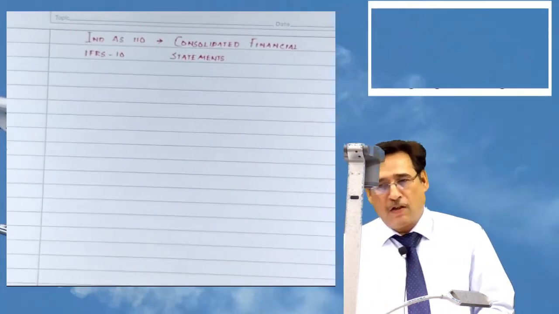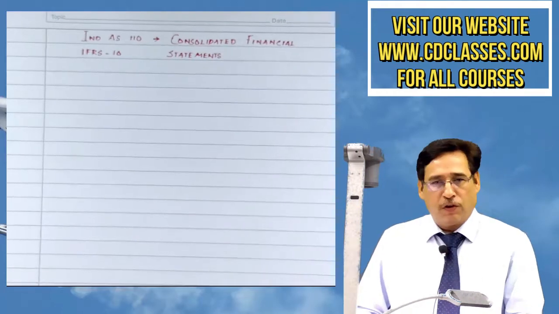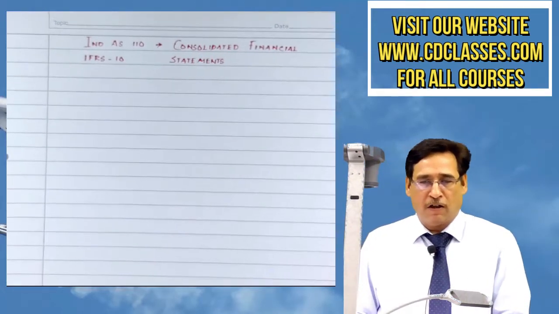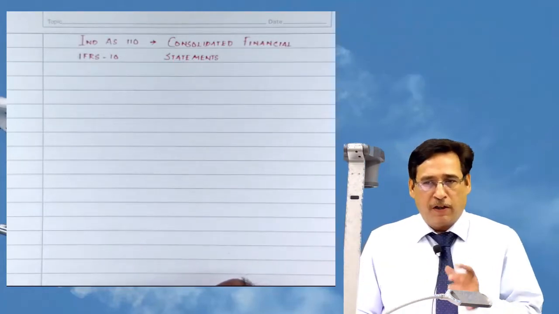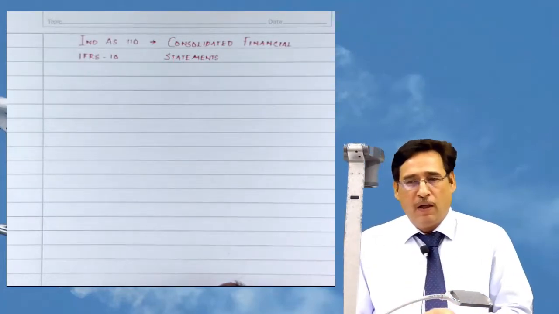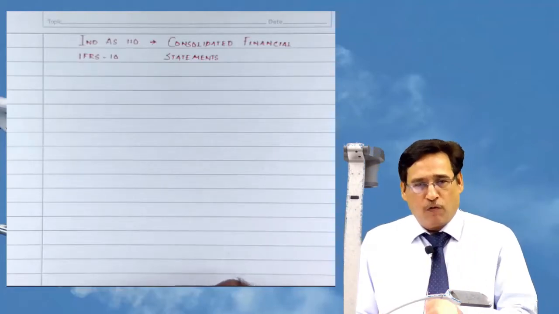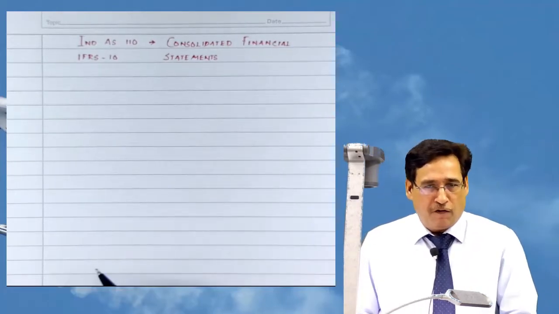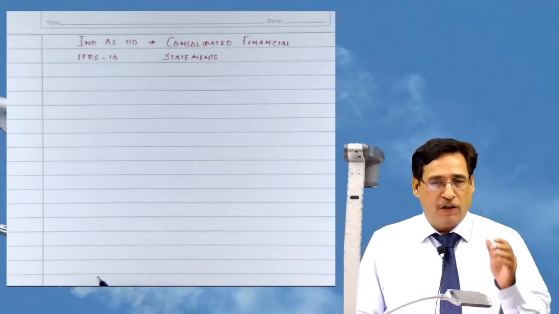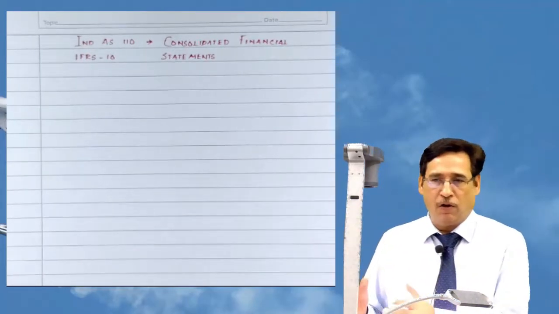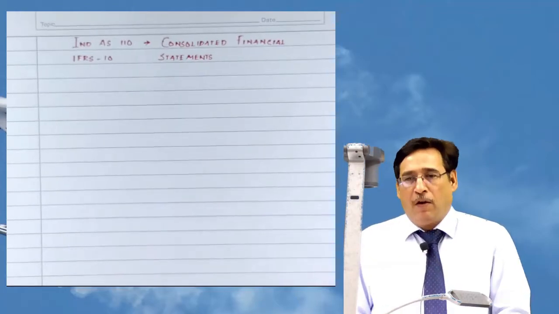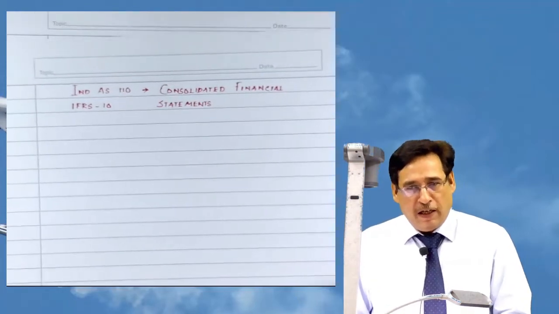So what exactly is the theme of Ind AS 110? Ind AS 110 provides the basic objective. It provides guidelines with respect to the preparation of the consolidated financial statement. That is one part of the entire spectrum of guidelines which this standard provides us. We will discuss all those guidelines one by one.